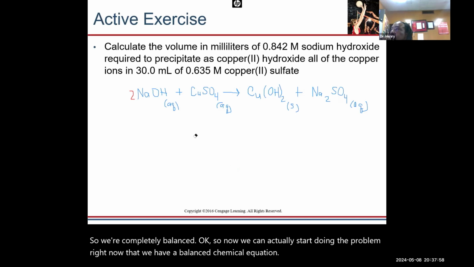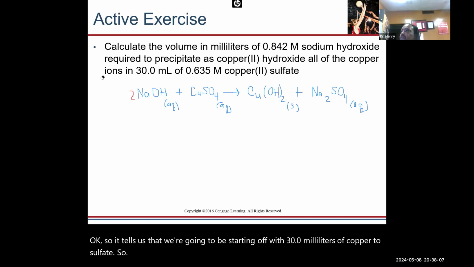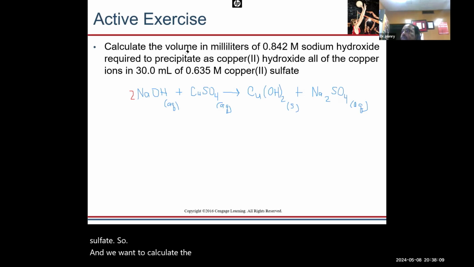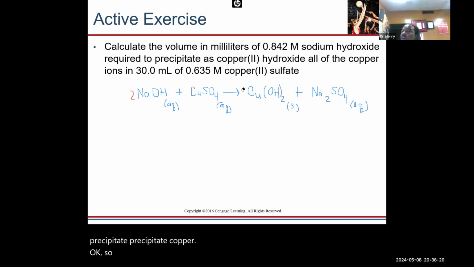Okay, so it tells us that we're going to be starting off with 30.0 milliliters of copper 2 sulfate, and we want to calculate the volume in milliliters of a 0.842 molar sodium hydroxide solution that's going to precipitate the copper. So we're getting rid of all of the copper.